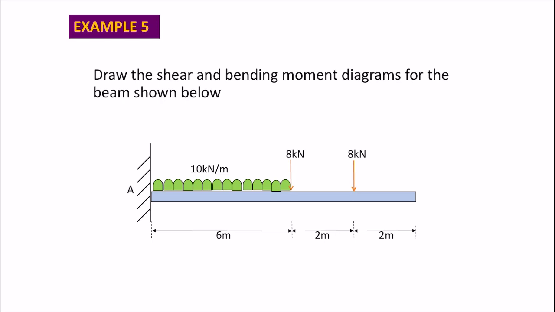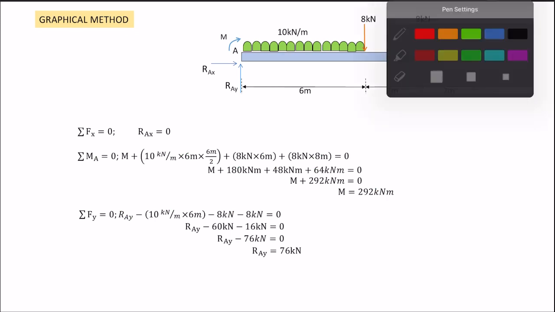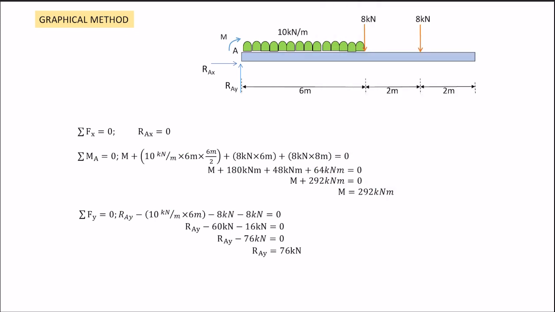There are a UDL and 2 point loads, and at A there is a fixed support, which means that the free body diagram is going to look like this. There would be one horizontal reaction, one vertical reaction, and another one is the moment reaction.